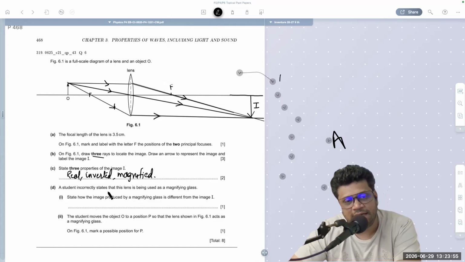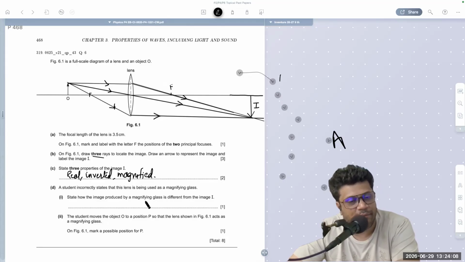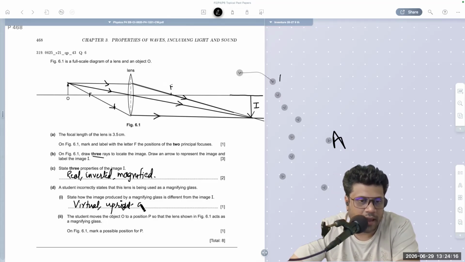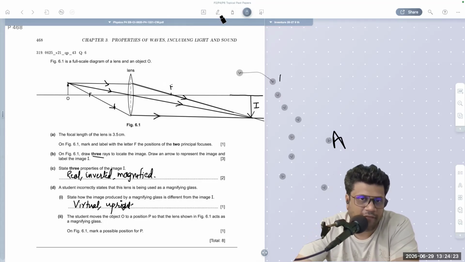A student incorrectly states that this lens is being used as a magnifying glass. State how the image produced by a magnifying glass is different from the image I. Well, if an image is being produced by a magnifying glass, it has to be a virtual one, it has to be upright, and it will be magnified.